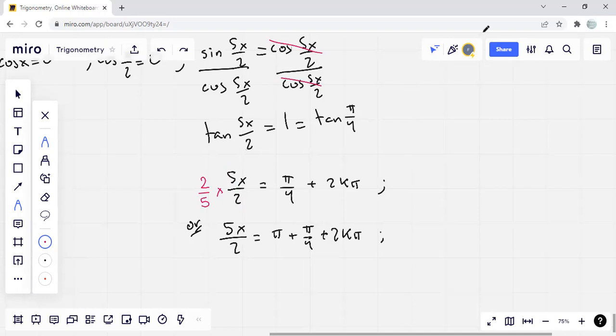So x is equal to 2 pi over 5 times 4, which is 2 pi over 20, plus 2k pi times 2 over 5, which is 4k pi over 5.